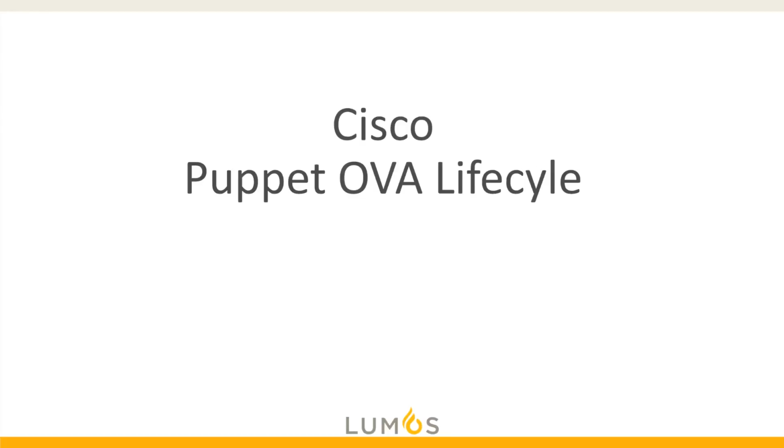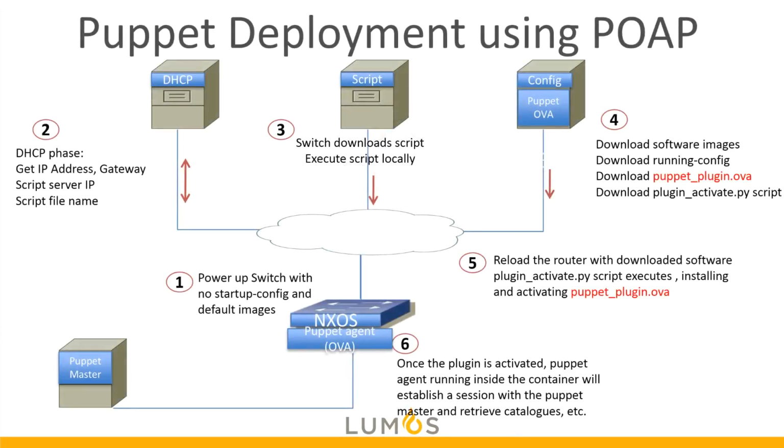So taking a look at the life cycle of the Puppet OVA, essentially how we're going to apply it: step one is that we power up our switch, and it essentially has no startup config or default image. At this point, POAP, or Power On Auto Provisioning, would reach out through DHCP, and we have to have, of course, a DHCP server. We're also going to have a TFTP server.